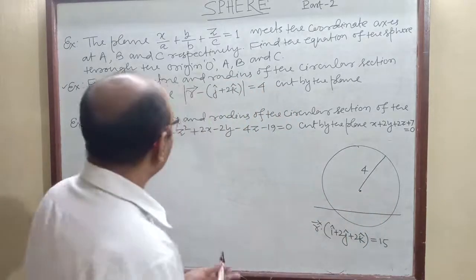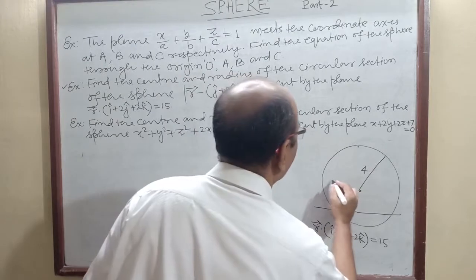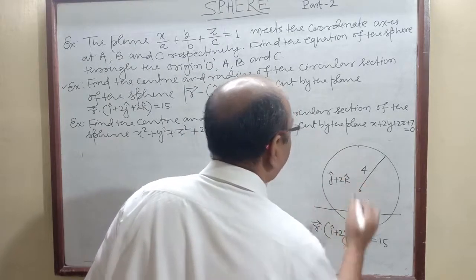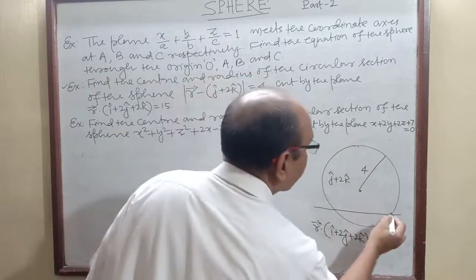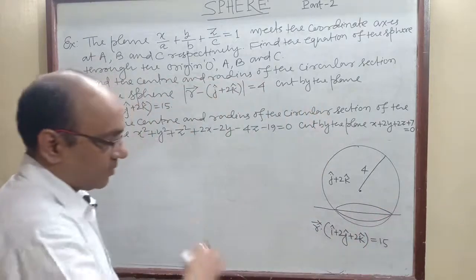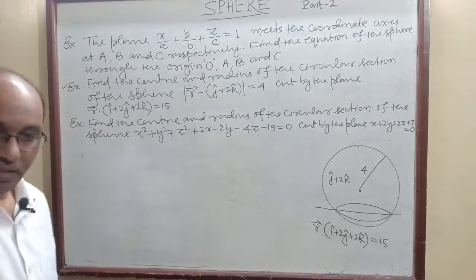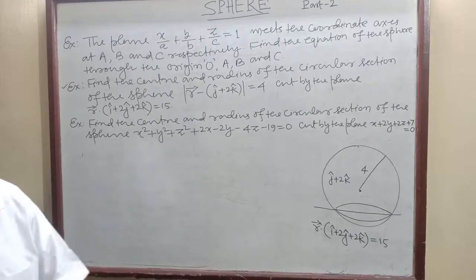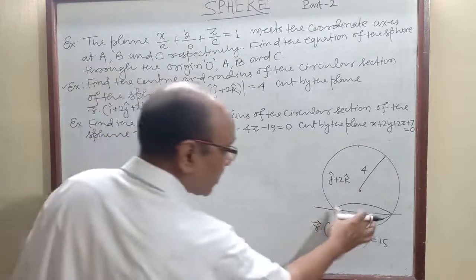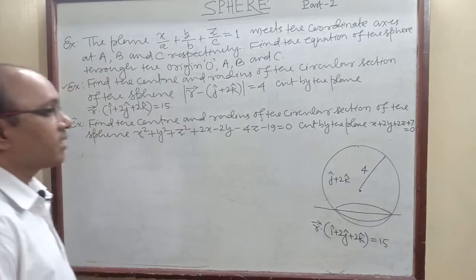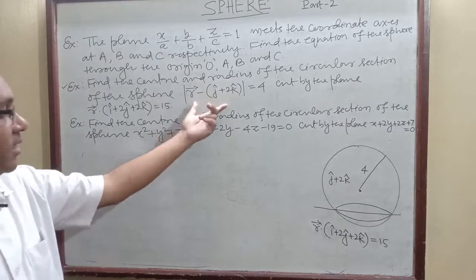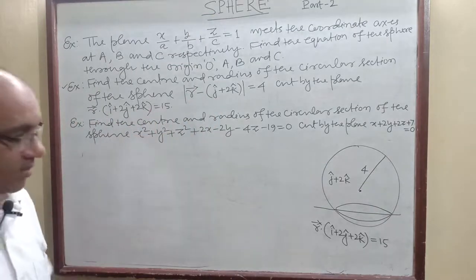Let us write the center here, j plus 2k. This plane cuts the sphere, then you will get a circular section in this way. If a plane cuts a sphere, then a circular section will come. The question is, find the center and radius of this circular section. Equation of the sphere is this, and equation of the plane which cuts the sphere is this.